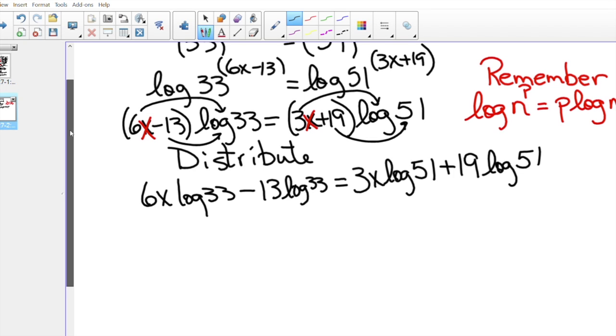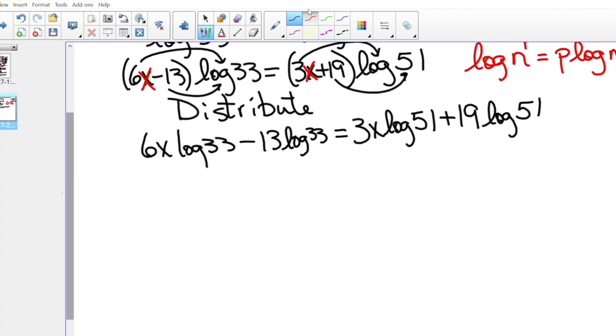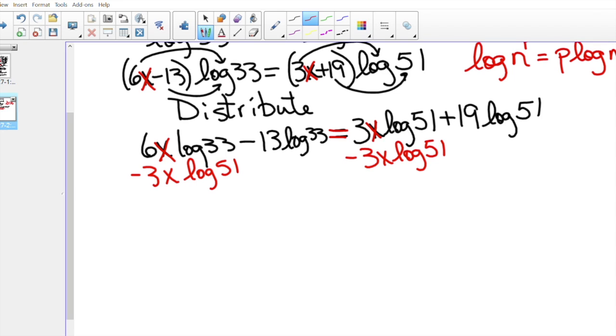Now, as a while ago we expressed this fact, you can't have x's located on both sides of the equal marks. So what we're going to do then is subtract 3x log 51 from both sides. Now put the x's under each other and the word log under each one. But remember this, you cannot subtract if you have different logs.